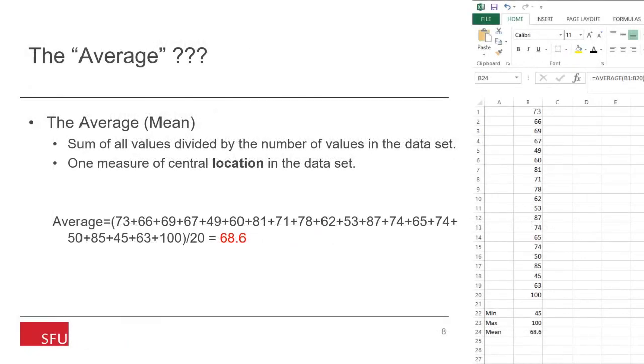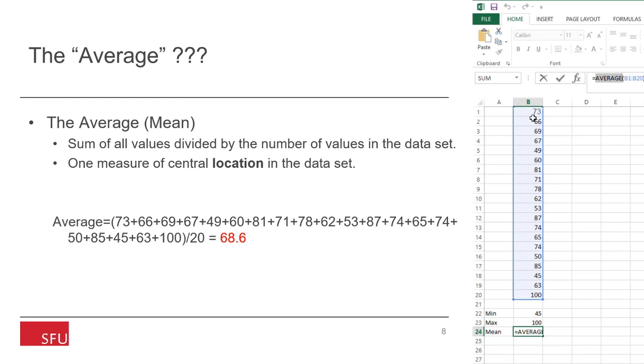If we go to our Excel spreadsheet, here's the same set of numbers, and what I've done is I've computed the mean. In Excel, the name of the function is average, just so that we can use the common terminology.